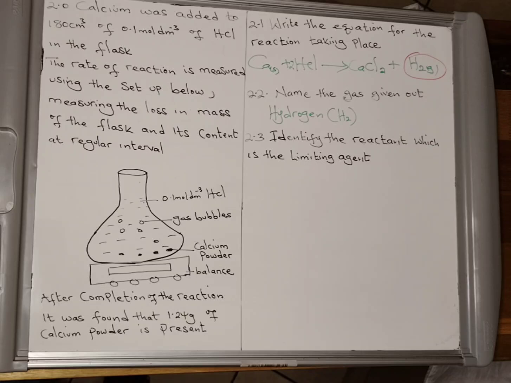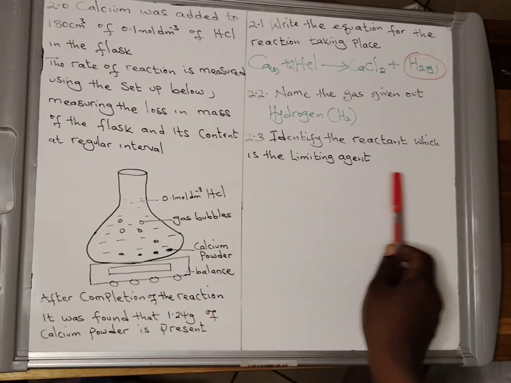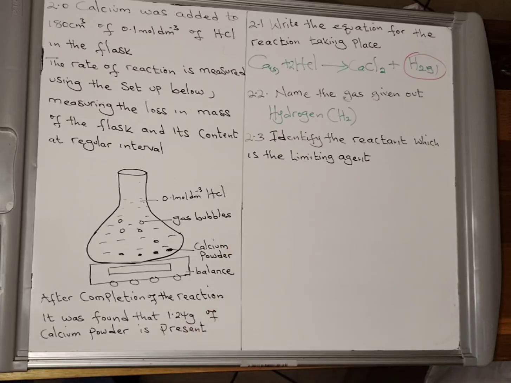How do you go about that? Now, you have to know what the limiting reagent is. A limiting reagent is the reactant which is going to make the reaction stop. It is the one which is supplied in less amount, such that once it is finished, the reaction stops. So it determines when the reaction stops. How do you tell that is the limiting reagent? We can look at the statement.